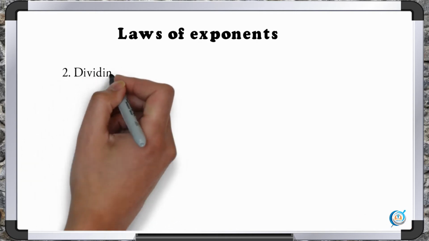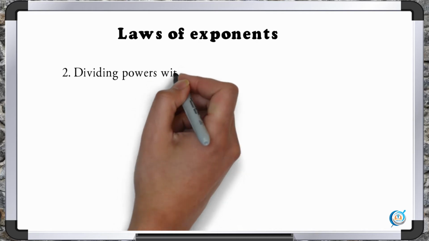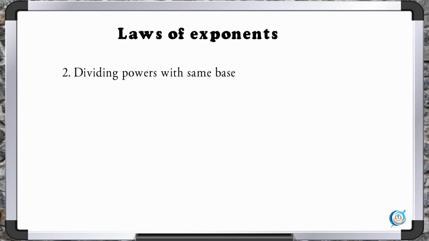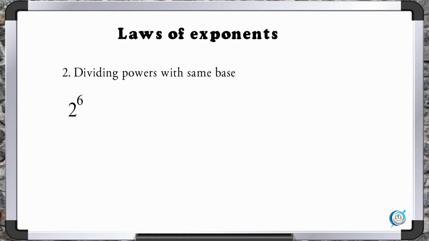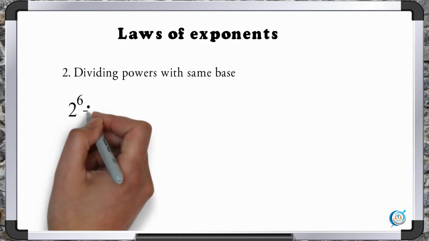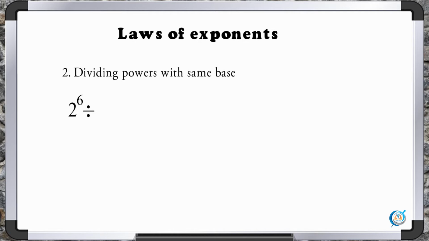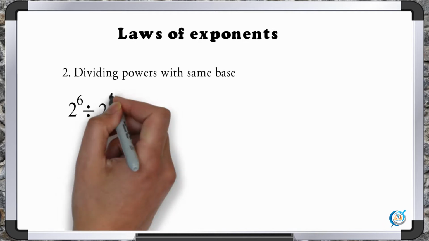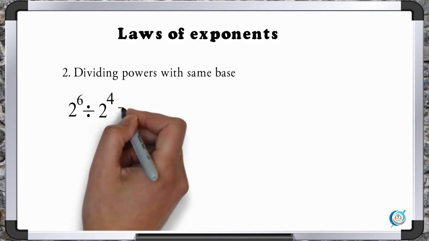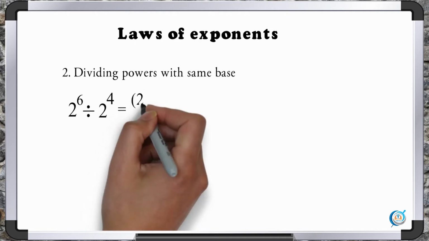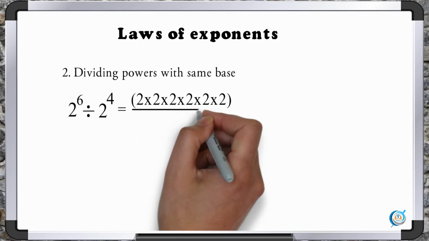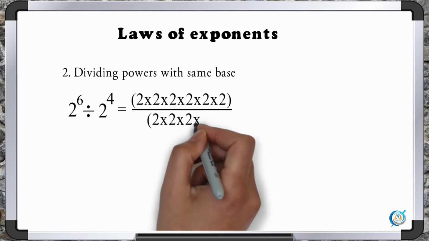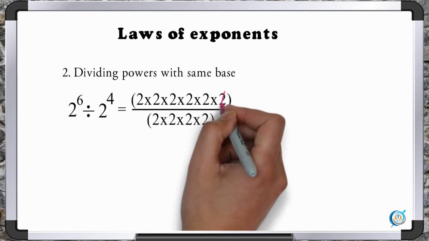The second property is dividing powers with the same base. Like multiplication, here we are going to divide two numbers which have the same base but different powers. So 2 power 6 divided by 2 power 4. 2 power 6 is nothing but multiplying 2 six times, divided by 4 times 2.